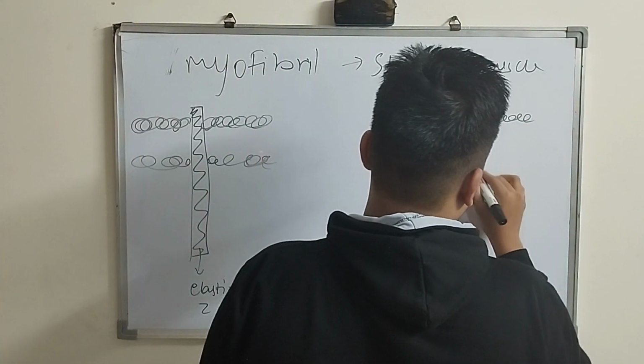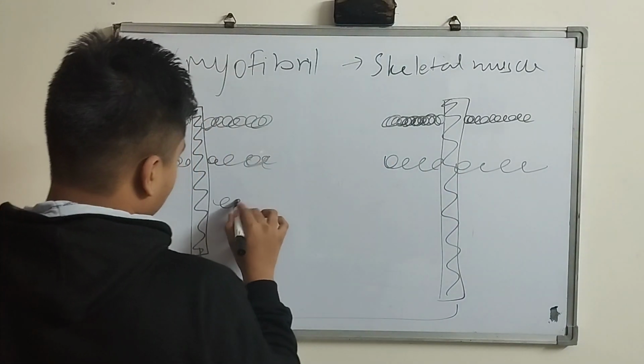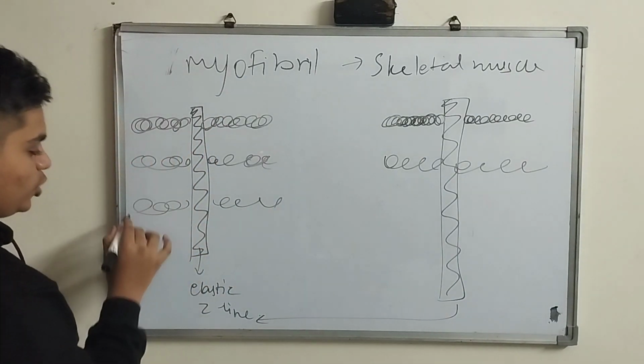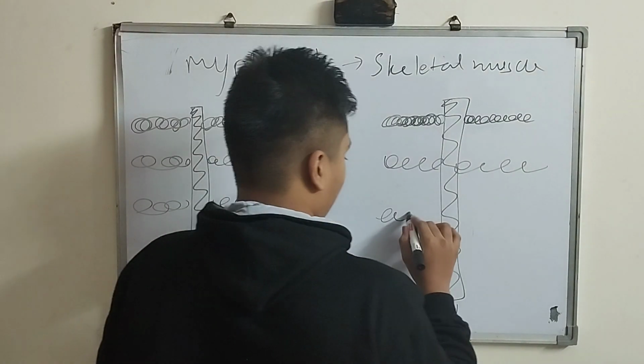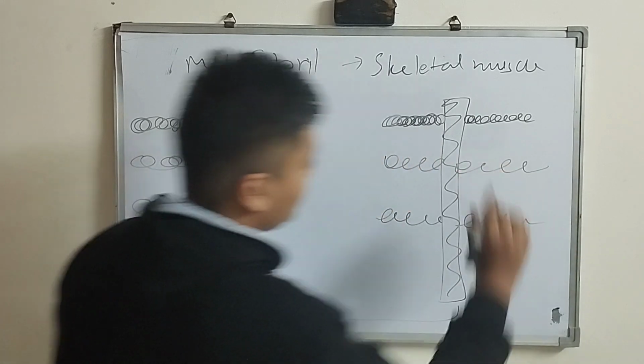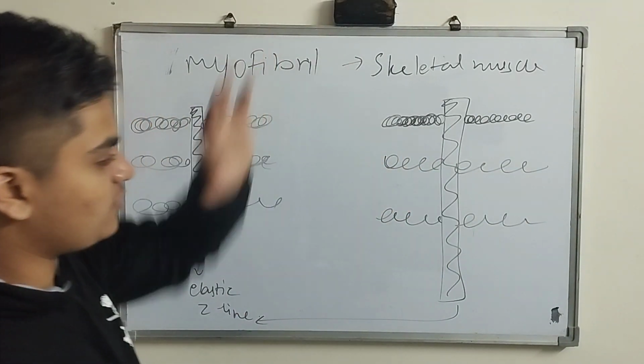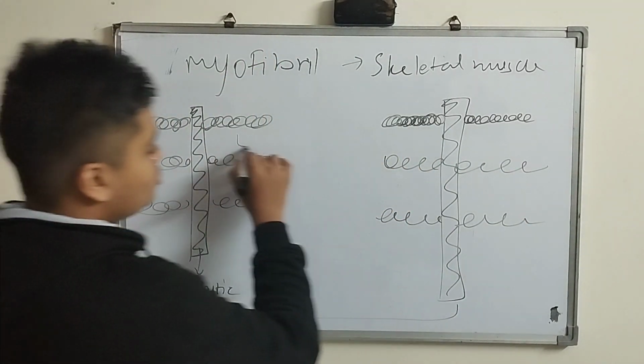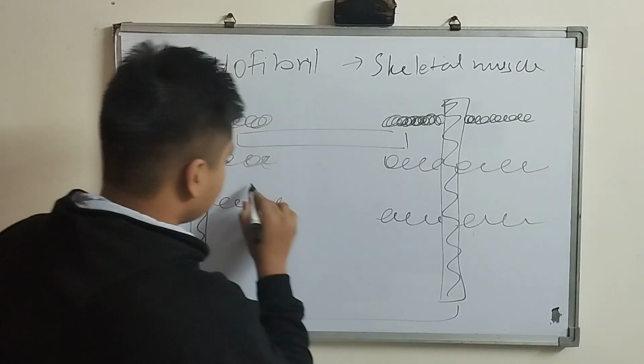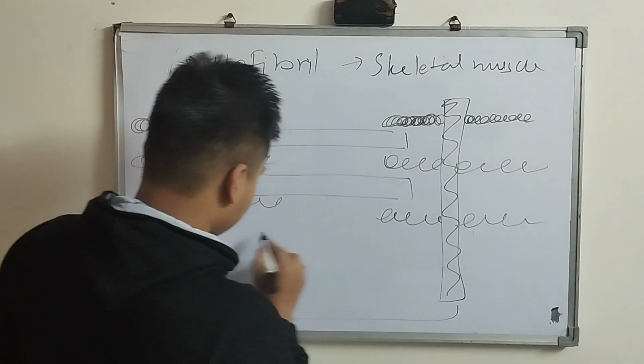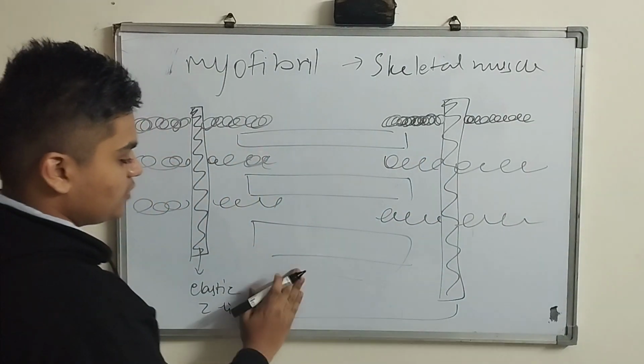Those are your actin filaments again. Now in between these two you have your myosin filaments. These are your myosin filaments.